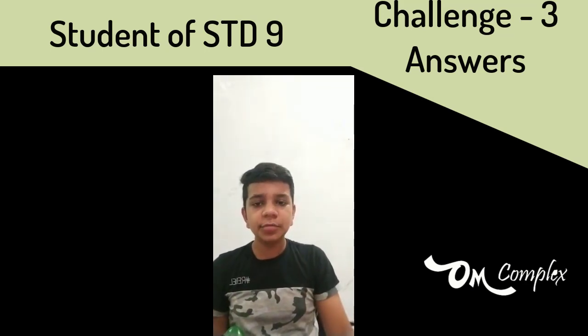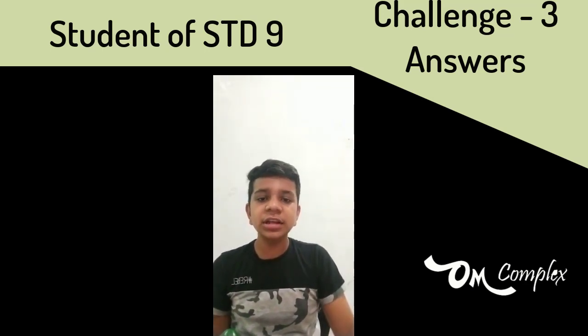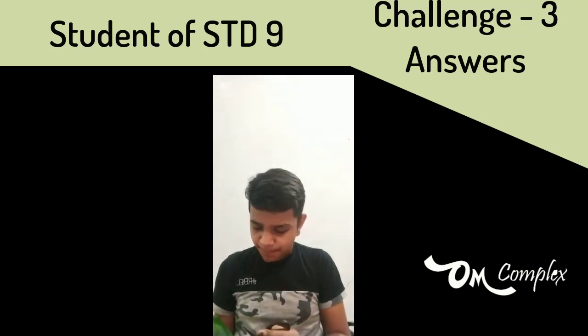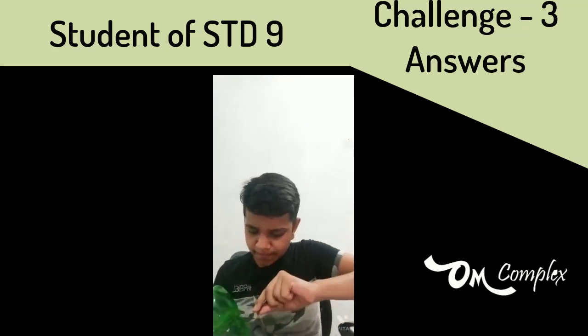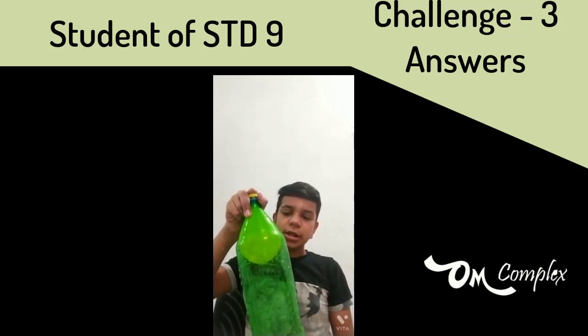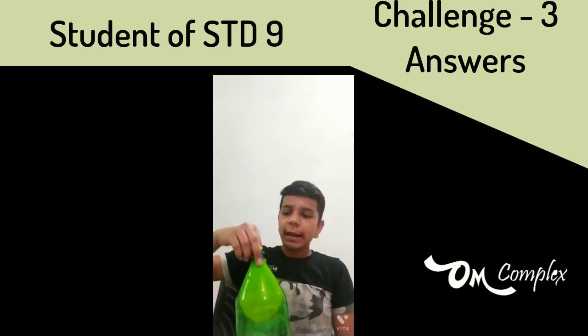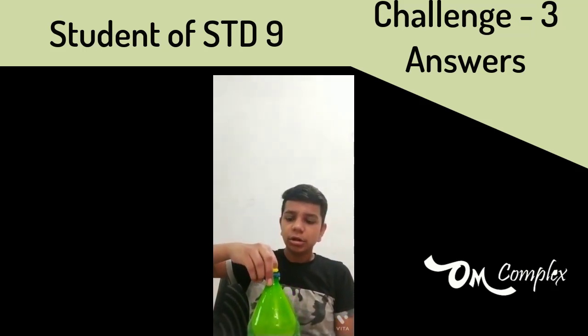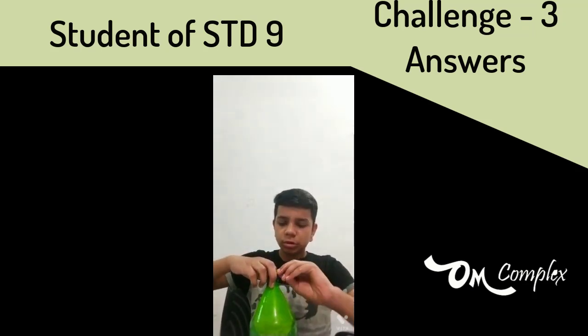And then you have to make a hole in the bottle using the pair of scissors. And then pour the water inside of this balloon and put your finger on the neck of the balloon.